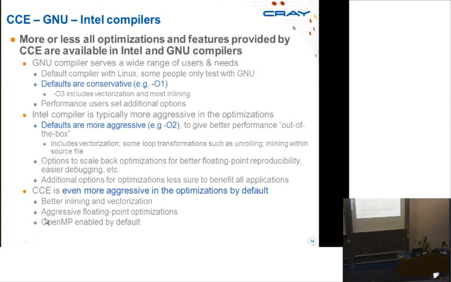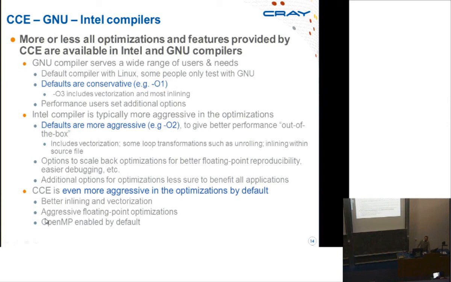You also might need to, if you have numerically sensitive code, think about how to scale back those optimizations so you can get better floating point reproducibility. But it's a very strong compiler. It's had a lot of investment over the years and has very powerful features.